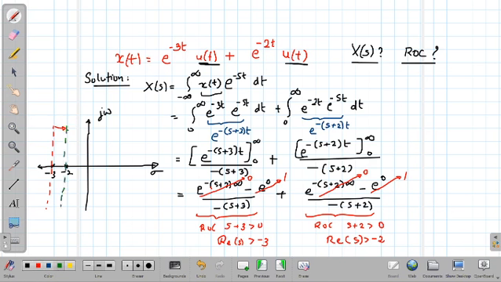Okay, so what is the region of convergence where both the terms converge? So we can see that the region of convergence is right side of minus 2.